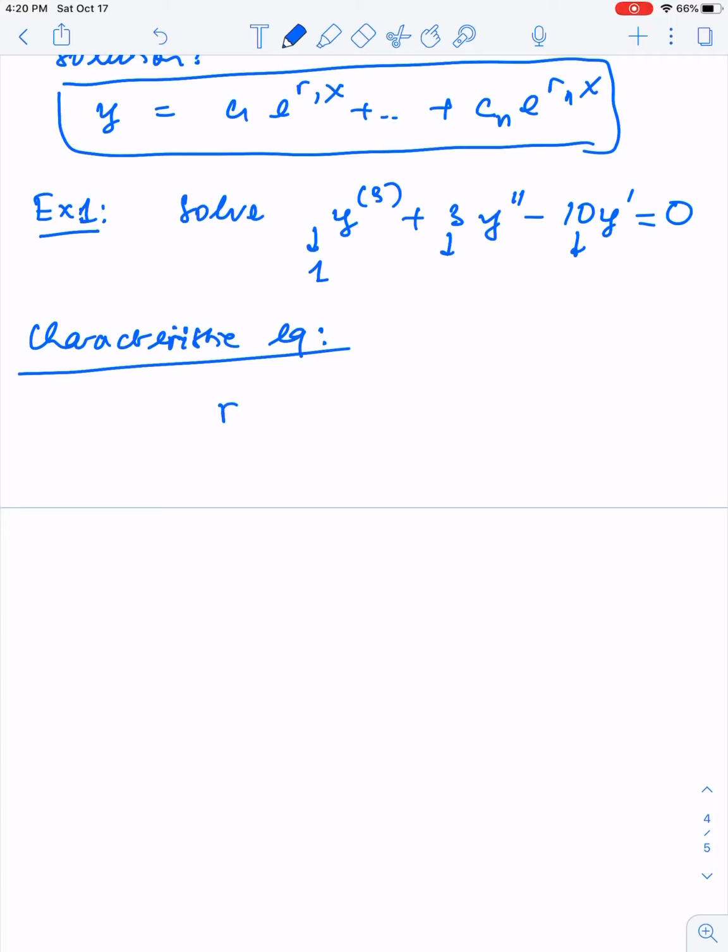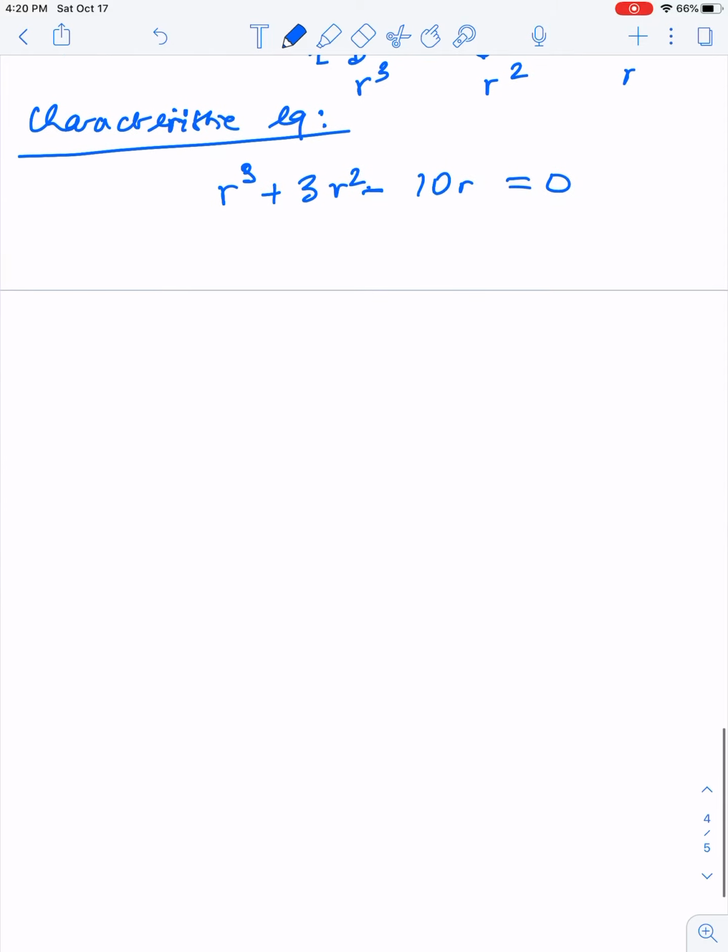So the third derivative becomes r to the power 3, this one r to the power 2, and this is r, right? So you have r^3 plus 3r^2 minus 10r equals 0. This is a cubic equation, and you see that everything has r.